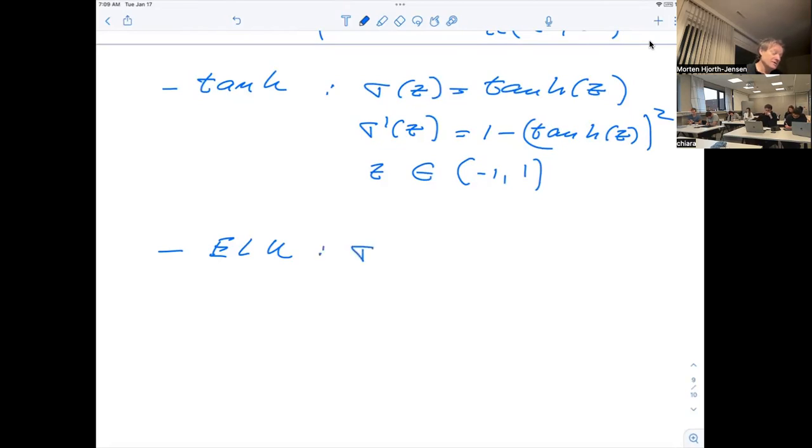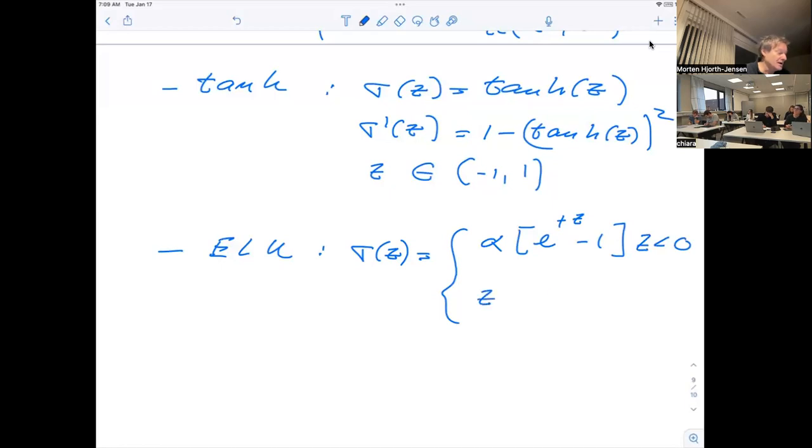In this case, we have sigma of z equal to a parameter alpha, which becomes a hyperparameter that we have to set, times e to the z minus 1. This is in case z is less than 0. And then we have just z in the case when z is larger than 0. No, sorry, this is larger than 0, and the other one is less than or equal to 0.